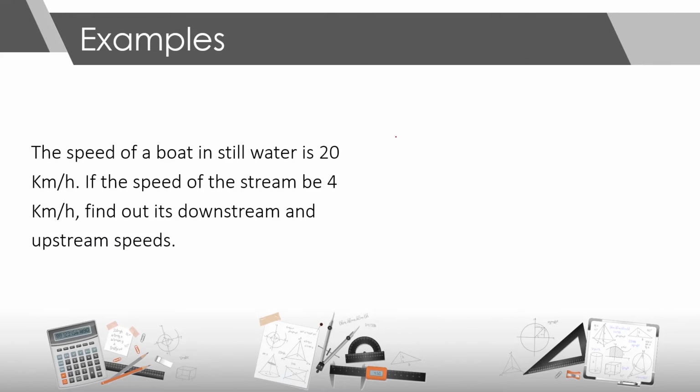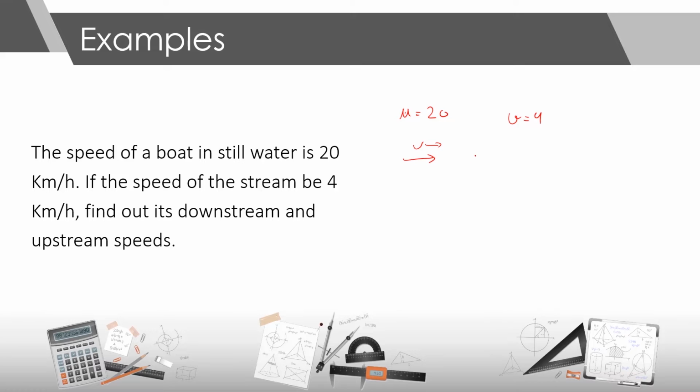The speed of the boat in still water is 20 kilometers per hour. So we are given the value of u, it is 20 kilometers per hour. If the speed of the stream is 4 kilometers per hour, what will be the downstream speed and upstream speed? Downstream speed means that the boat is moving in the direction of the stream.